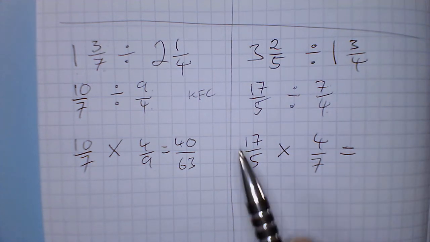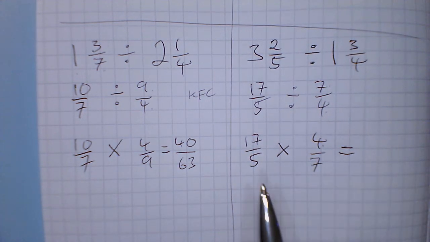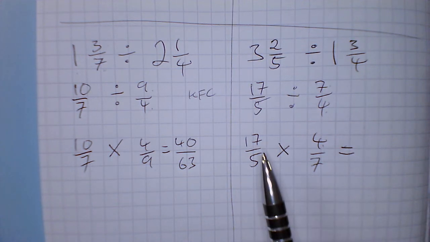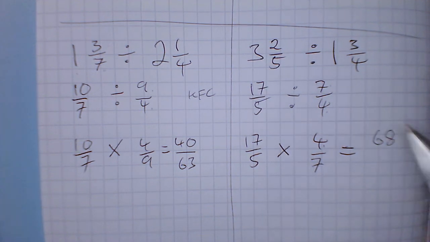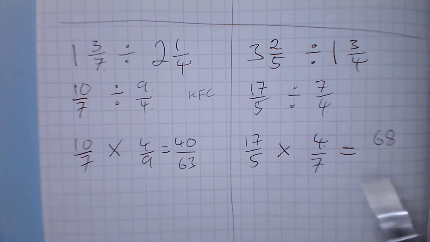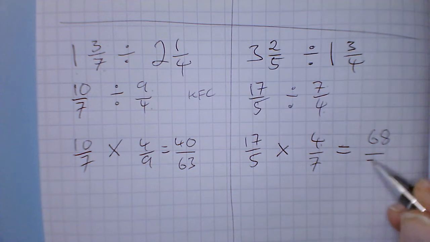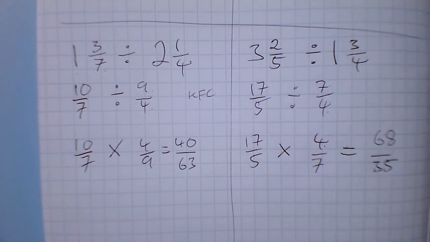Okay. 17 multiplied by 4. A little bit of a nuisance, but it can be done because I can double 17 to get 34 and double 34 to get 68. 5 7s are 35. Now then, that is an answer, 68 over 35. But sometimes it's nice to write it back as a mixed number if we can. 35 will go into 68 once, won't it?